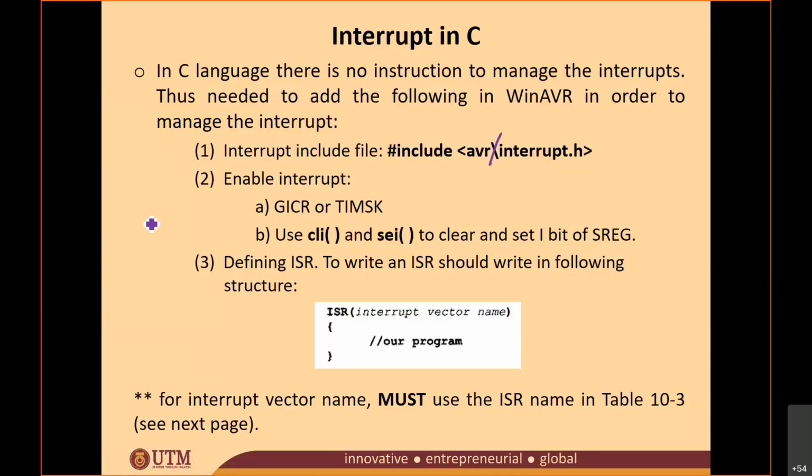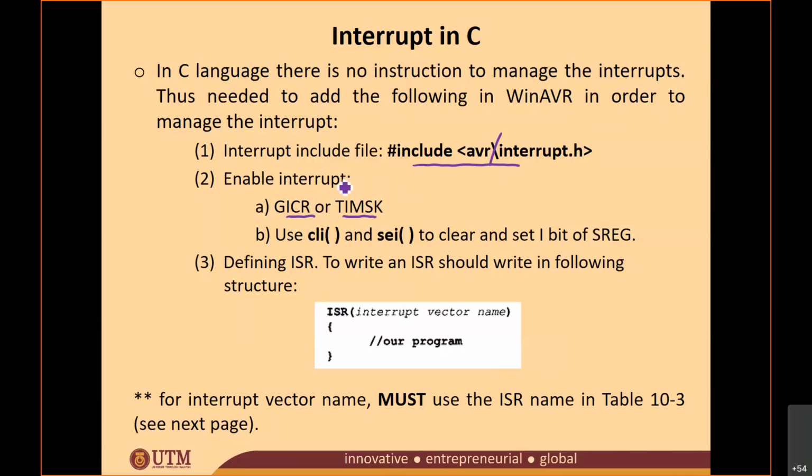Once you include this file, the second thing you need to do is enable your interrupt. There are two locations where you enable your interrupt. The first one is either at the GICR or the TIMSK register.